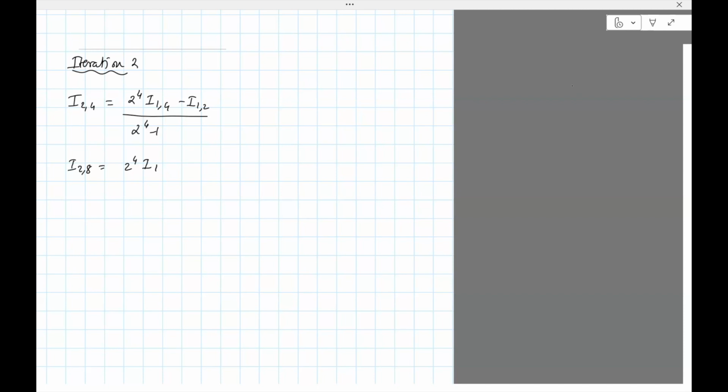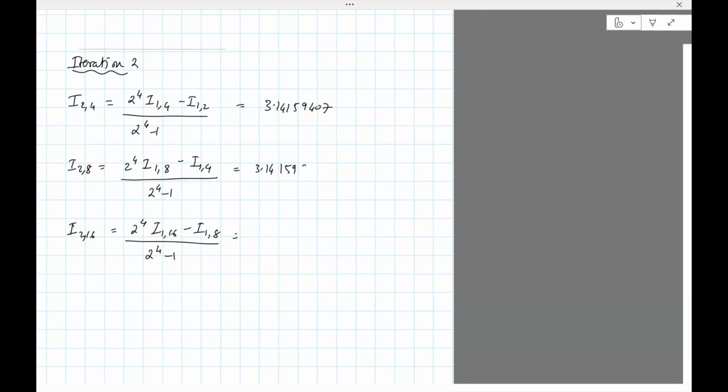I2,16 is 2 raised to 4 I1,16 minus I1,8 divided by 2 raised to 4 minus 1. Okay, there are 3 of these, so they are 3.14159266, 3.14159265.